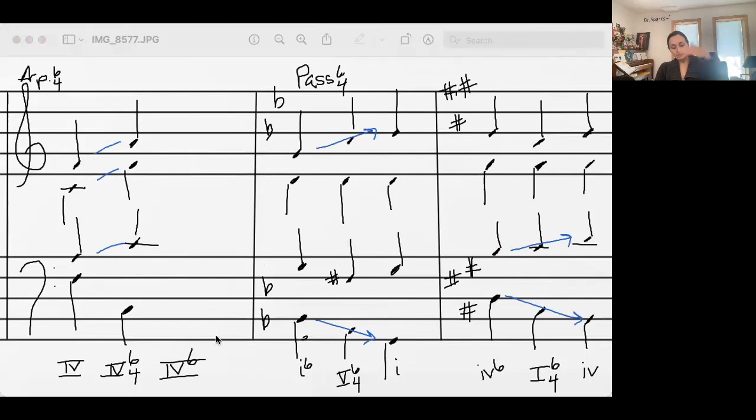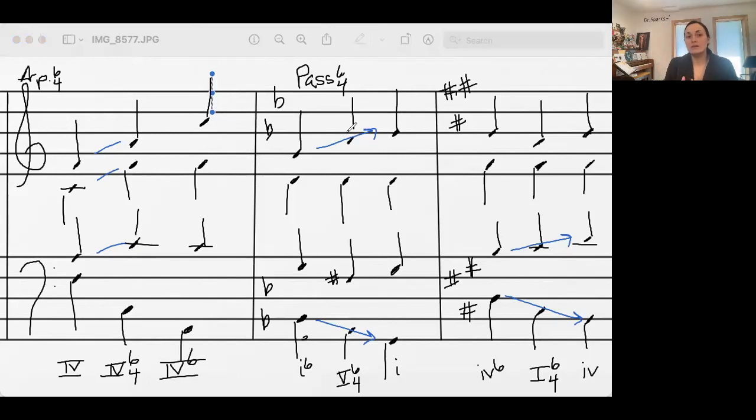And then coming back so that we can get to our IV6. We're going to keep the C and keep the F, and the A is just going to continue up so that we're doubling the right note here. So we're still going to get a doubled root in the IV6.